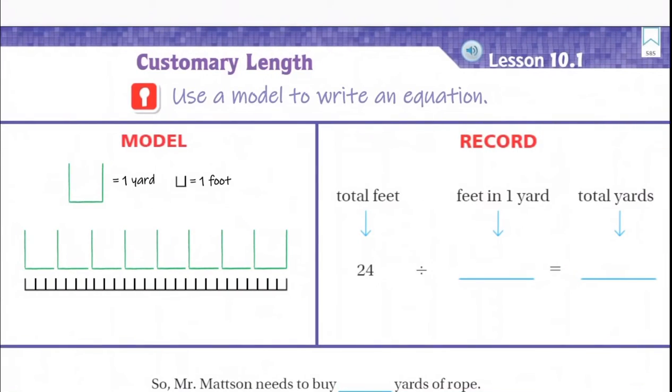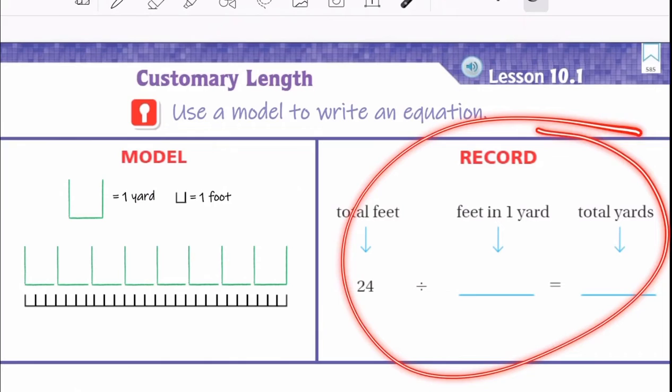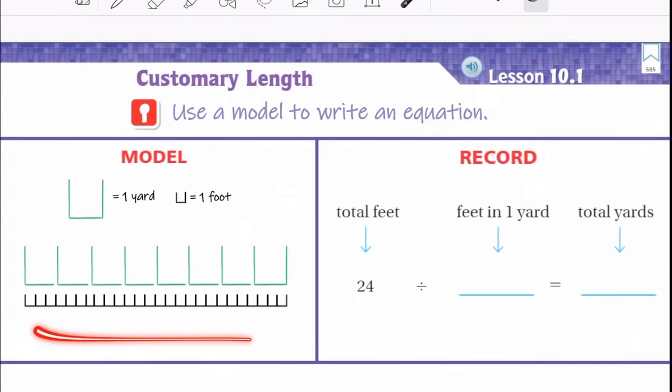A way for us to figure out this problem is we can model it in a picture, and then we would record it into an equation. You will probably be doing the equation part. I don't expect you to be drawing pictures of lengths because it will take a little while, but if that helps you picture it, go ahead.